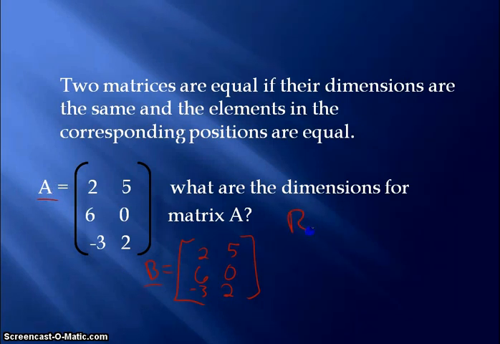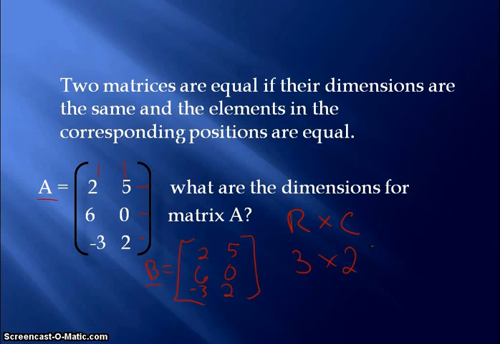Well, remember we have rows by columns. If it helps, RC Cola or RC car or anything that you can think of that R and C kind of go together in that order. So how many rows do we have? We have 1, 2, 3 rows by 1, 2 columns. So the dimensions for matrix A are 3 by 2.